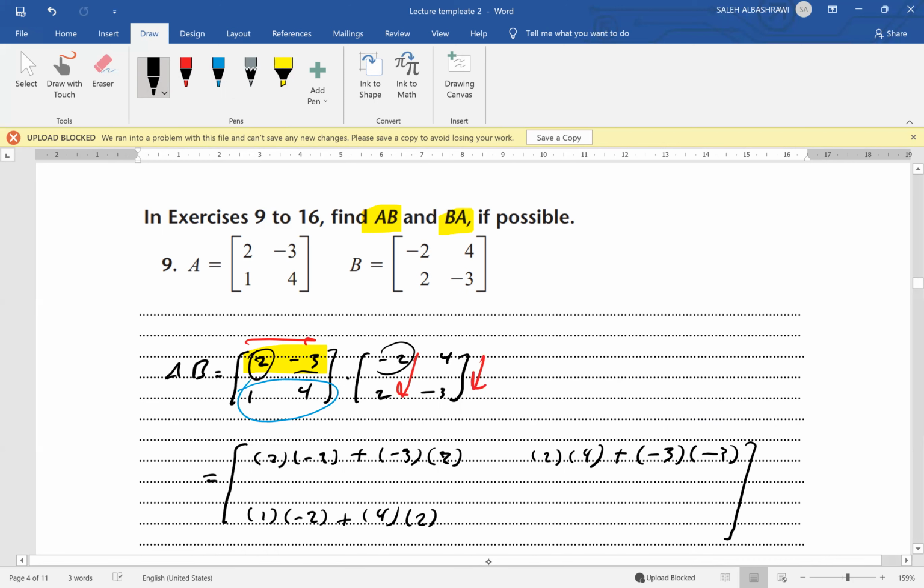Let's move to the second column of the matrix B. So second row of matrix A with the second column of matrix B. This will give me 1 multiplied by 4 plus 4 multiplied by -3.